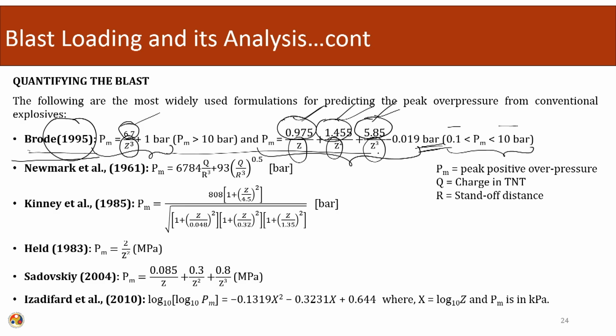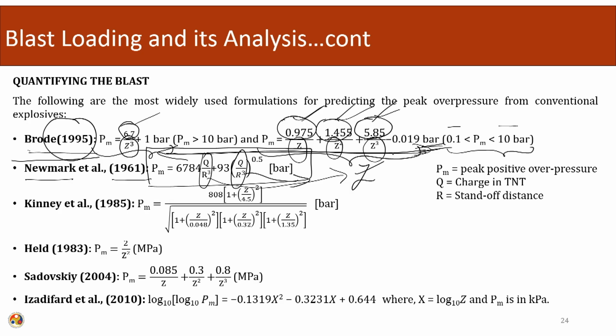So if we want to use these equations, we have to use them in their particular units only. Similarly, Newmark proposed in 1961 this particular equation, which is again an approximation, and again the proximity values are being used. This is nothing but a form of z. Again these are given in bar.